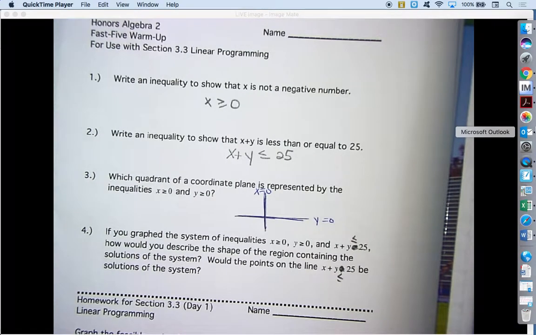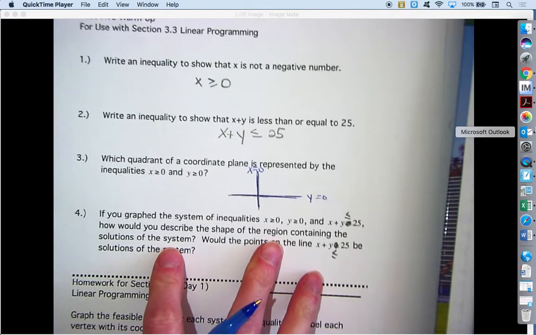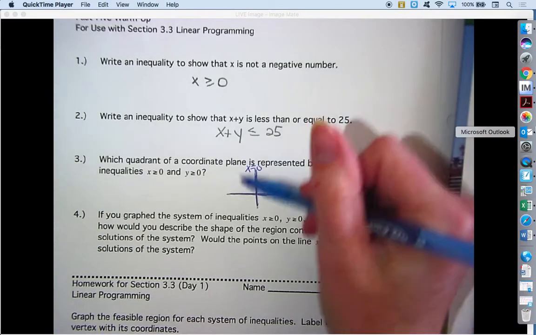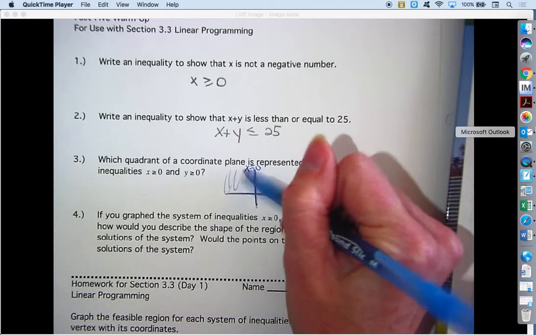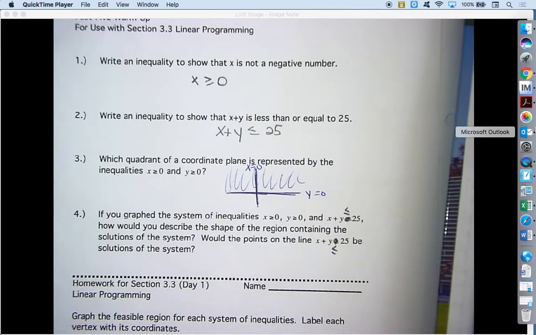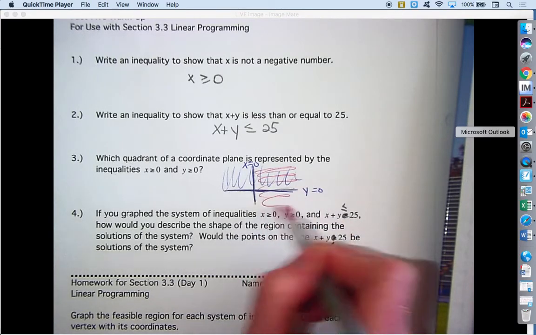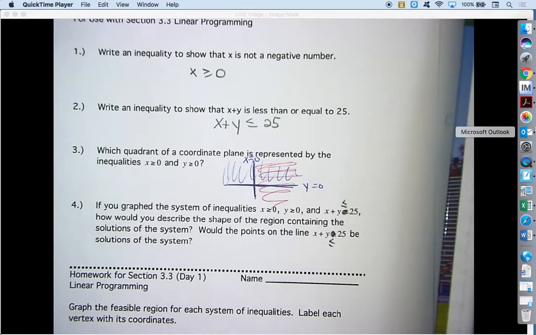If it's greater than or equal to 0, that would be this area here for y. If x is greater than or equal to 0, it's this area here. And so the region that is intersecting, Ethan, is 1.